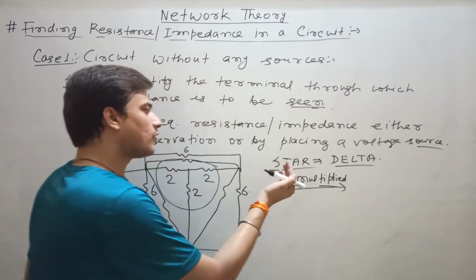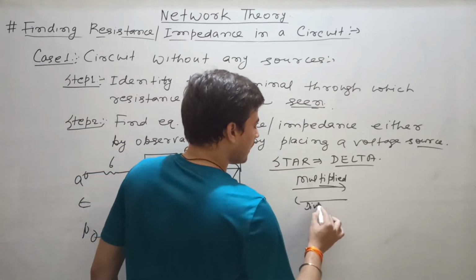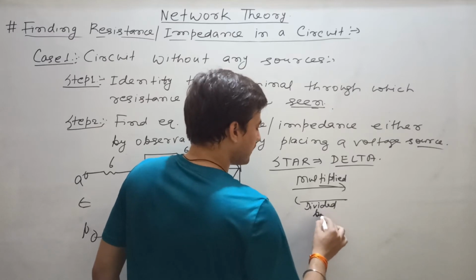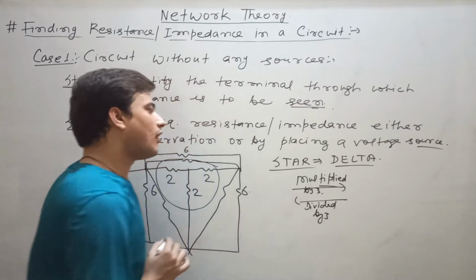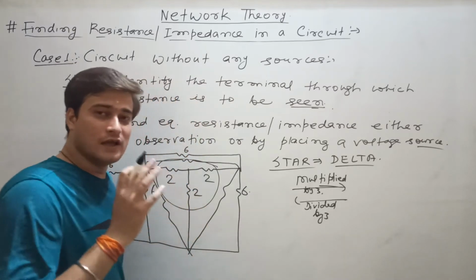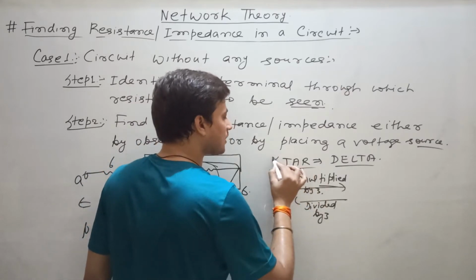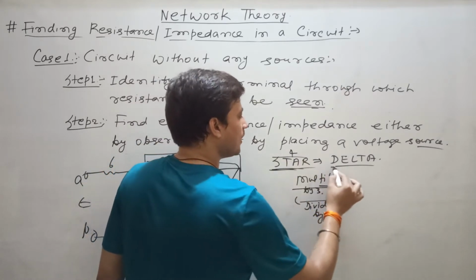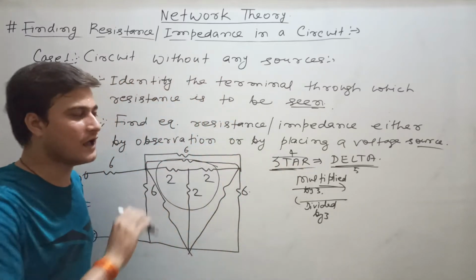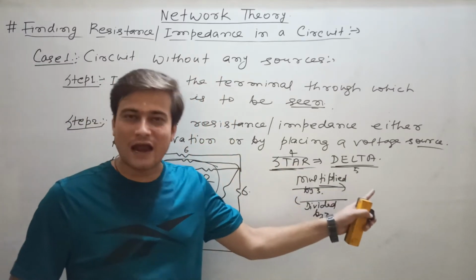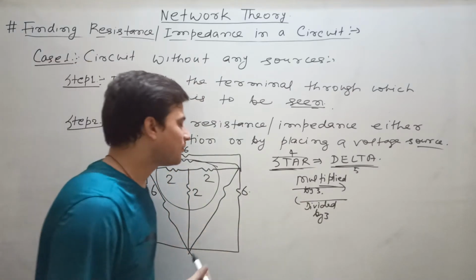Now if you are coming from delta to star, then the resistance will be divided by 3. Here it is multiplied by 3. You can also remember it like, suppose if you are having some confusion, then star, how many letters are there? 4 letters. In delta, there are 5 letters. That means if you are moving from 4 to 5, then it will be multiplied by 3. If you are coming back from 5 to 4, it will be divided by 3.